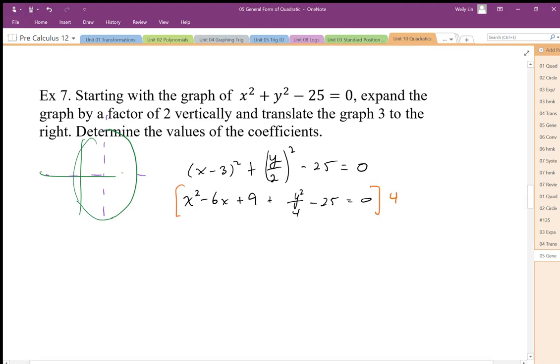And my final general form equation becomes 4x squared minus 24x, oops, I should put it in the right order, plus y squared. There's no y term, and then this becomes plus 36 minus 100, which is minus 64 equals 0.